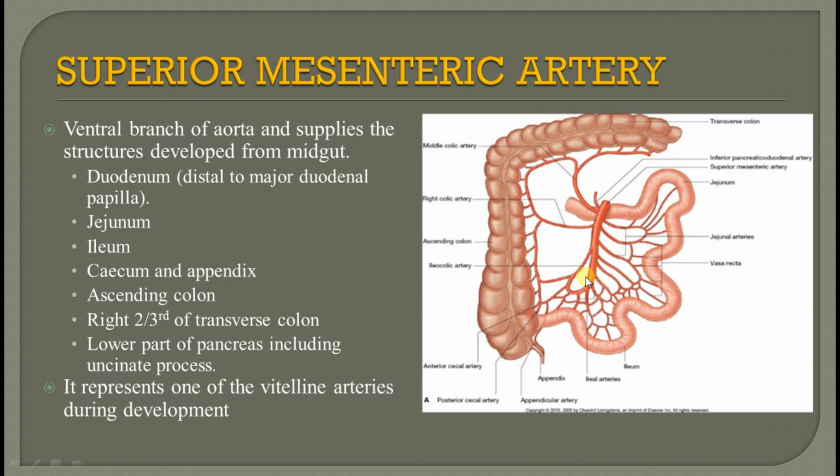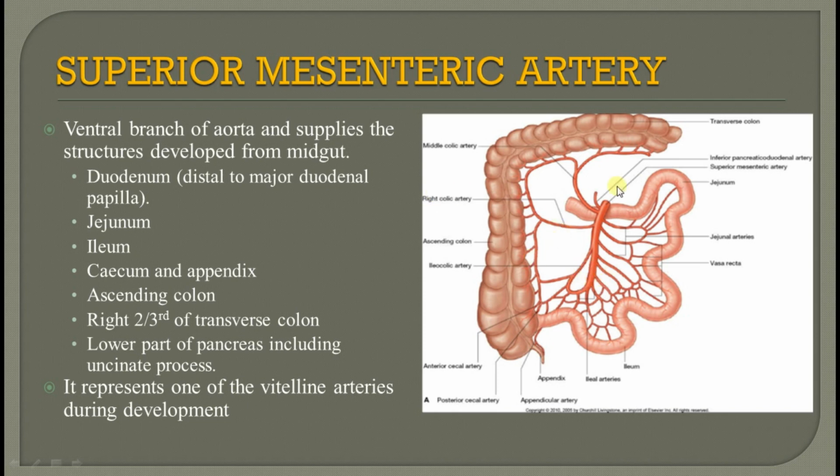And developmentally, it is one of the vitelline arteries. So you have vitelline arteries, you have umbilical arteries. Umbilical arteries go from the fetus to the placenta, and the umbilical vein goes from the placenta towards the fetus through the liver. The vitelline arteries are mainly from the yolk sac.